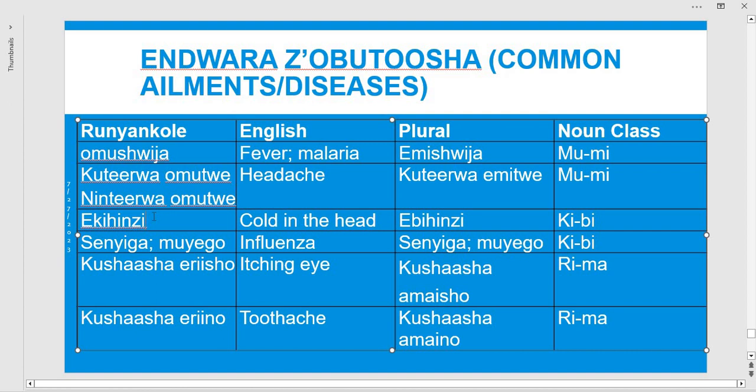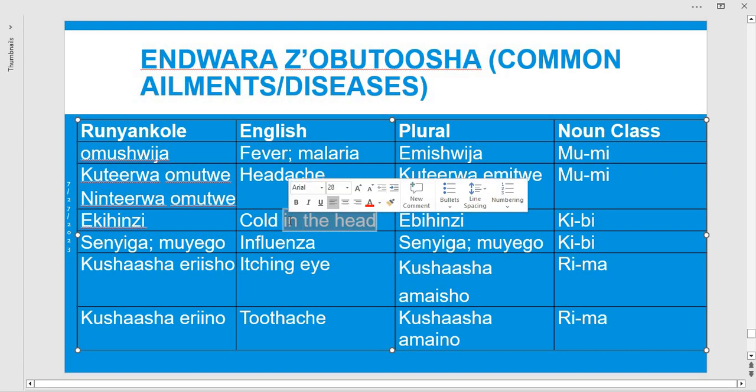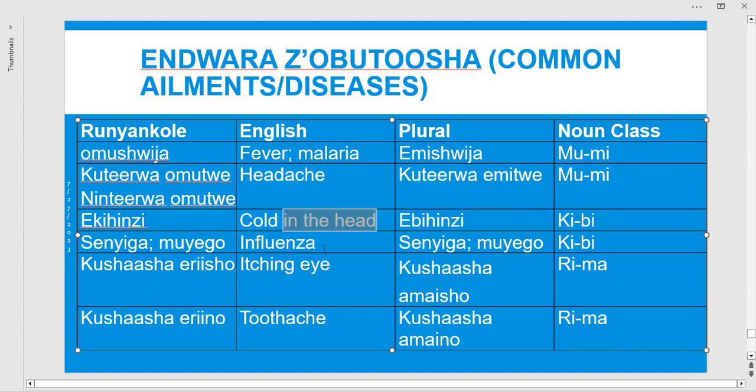Echinzi, that's cold or flu. When you are sneezing, that's called echinzi. Then you have senyiga. Senyiga is when you have flu, in simple terms.